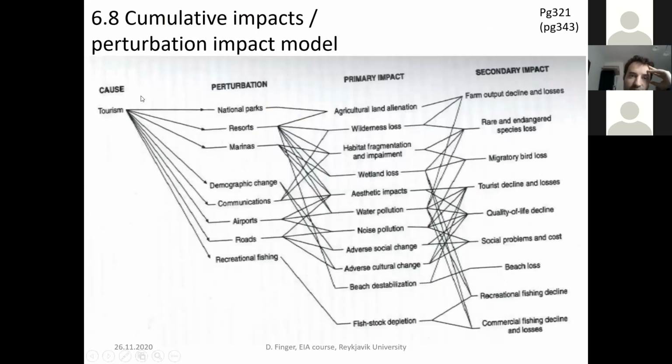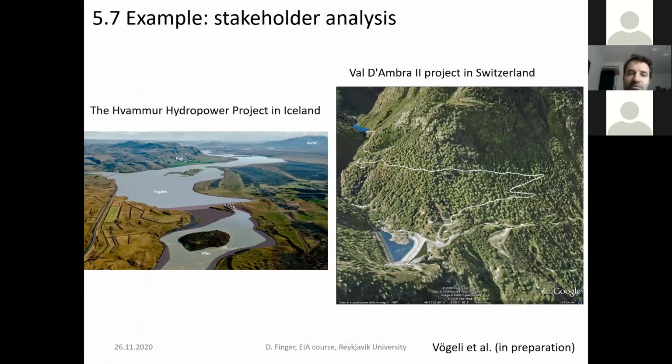Based on such a stakeholder analysis, you can also come up with a cumulative impact perturbation impact model. So here in the book, this is very nicely explained. You have the cause, then you have a perturbation, and then a primary impact and a secondary impact. So in the case of the two hydropower plants that I showed before, based on the stakeholder analysis, we can identify what the primary impacts are.